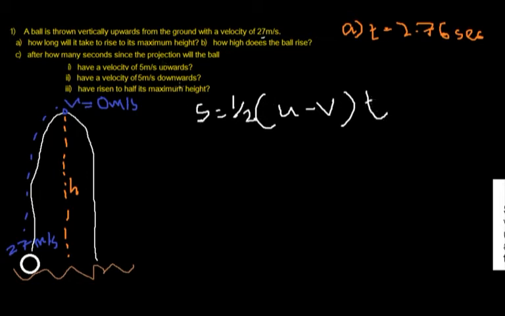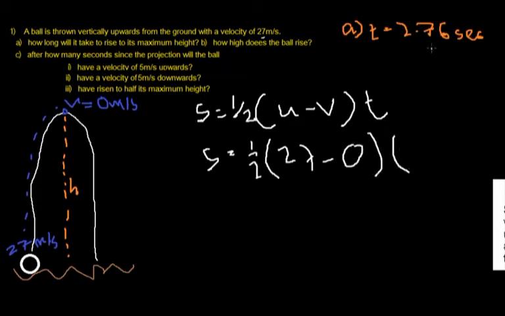We are to find how high the ball rises, so S is unknown. S is equal to half. The initial velocity is 27 meters per second. 27 minus the final velocity, which is 0, multiplied by the time.